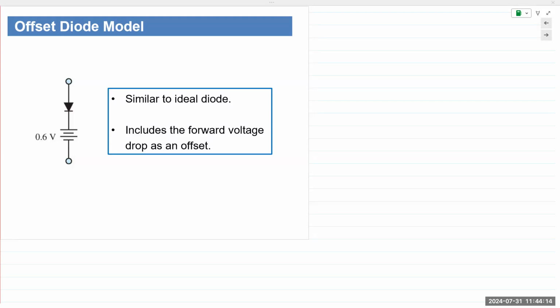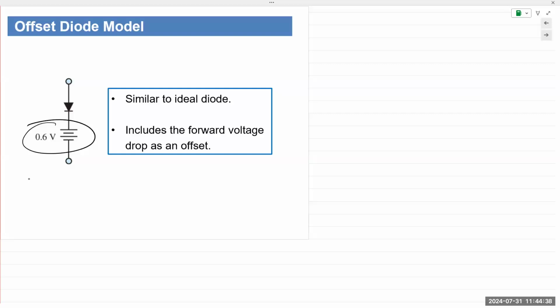You would need 0.6 volts of voltage to turn on the diode. So depending on the diode that you're using, and mostly you'd encounter silicon diodes in real life, silicon diodes will turn on at 0.6 volts. And so we introduce a voltage in series with the diode that is required to turn it on.